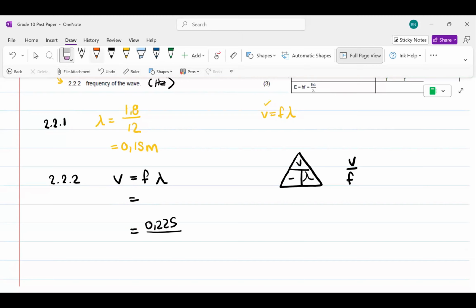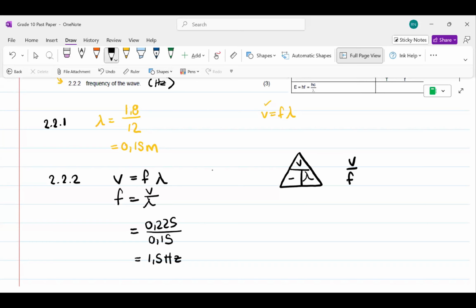We know we're looking for our frequency, which is equal to the speed over our wavelength, and we said our wavelength was 0.15. So that means that our frequency is going to be 1.5 hertz. Sorry about that confusion, but there we go.